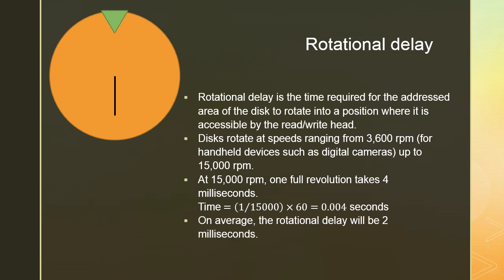On average, the rotational delay will be 2 milliseconds. This is the delay to rotate the disk by 180 degrees, or the time I need to give the disk half of a full rotation. So rotational delay is the reciprocal of 2 times r, where r represents revolutions per second.